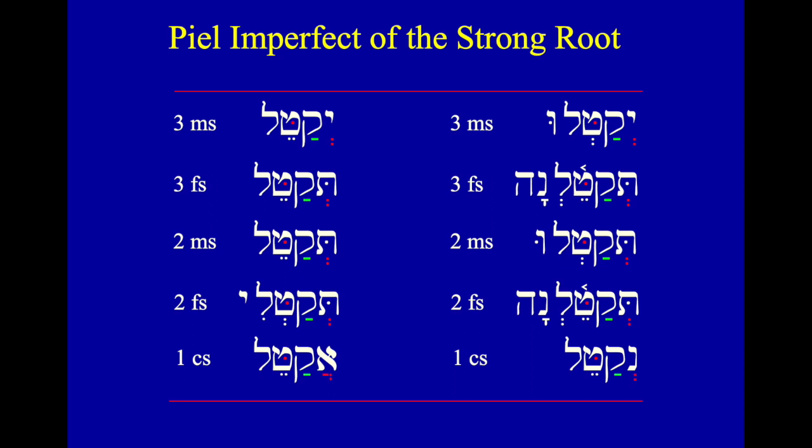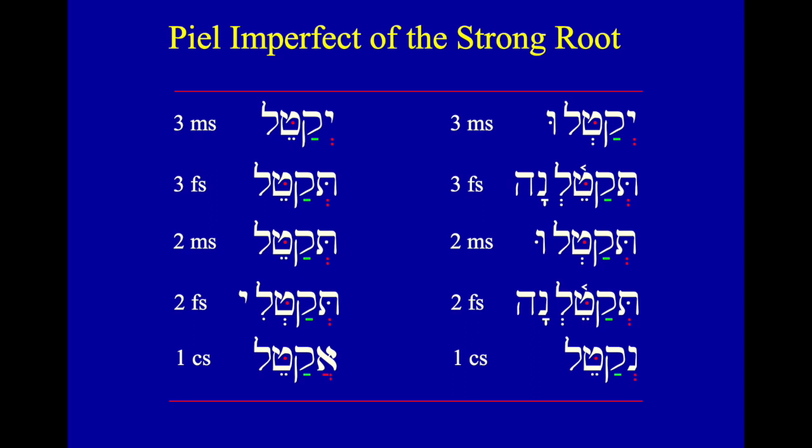You're going to add those letters, the yod, the tav, the nun, the aleph, etc., in front of your root, right? But what's underneath those preformatives is going to be distinctive as well. So remember, for the Qal, we had our hireq underneath our preformative. For the Hithpael, we had that Hithpael triangle. Remember, hireq and then dagesh and then qamets.